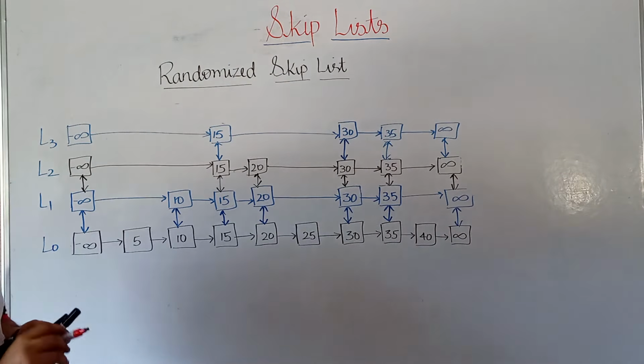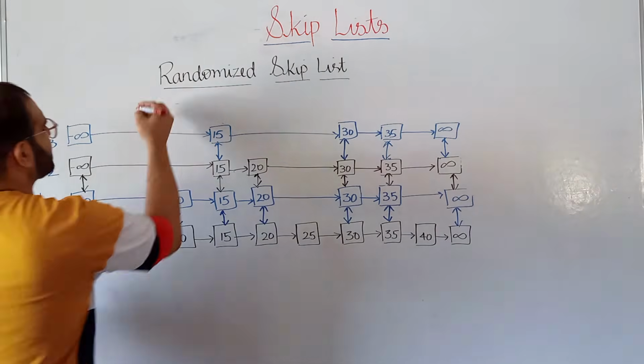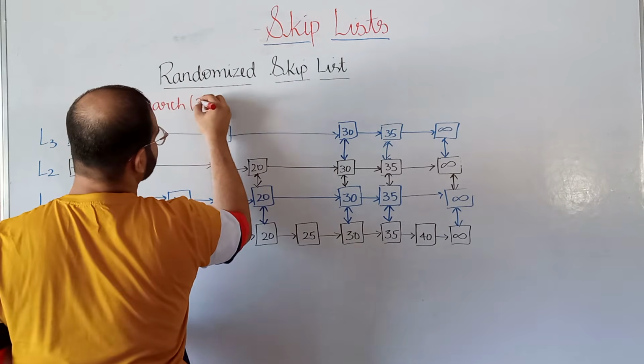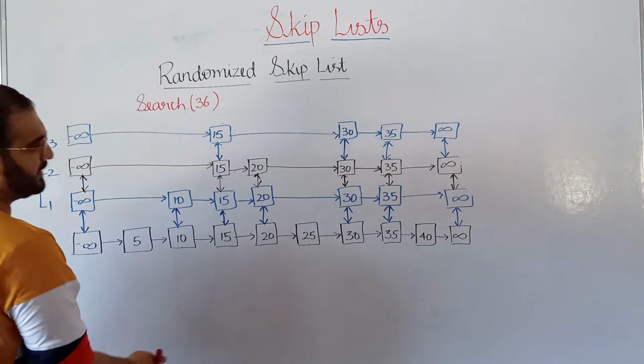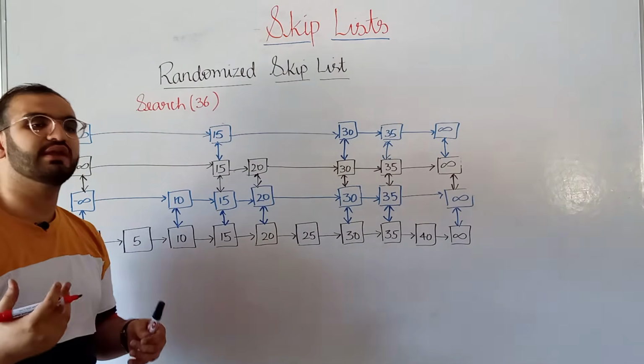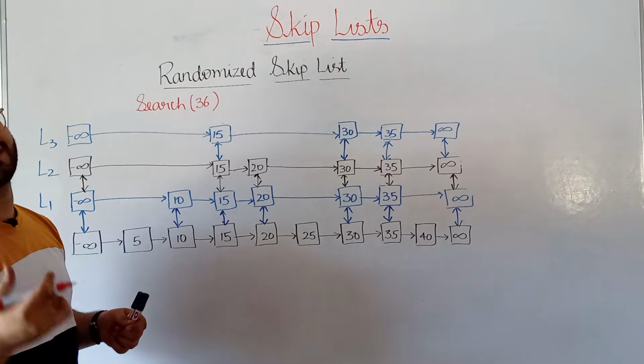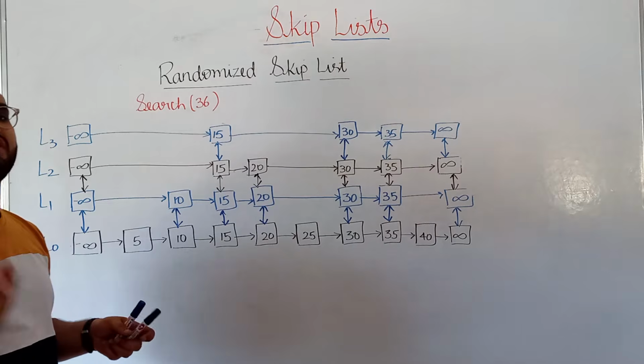Now, how do we do a search operation in a randomized skip list? Suppose I want to search for 36 in this skip list. The search operation in a randomized skip list is similar to the search operation in a perfect skip list. You need to follow the same steps.